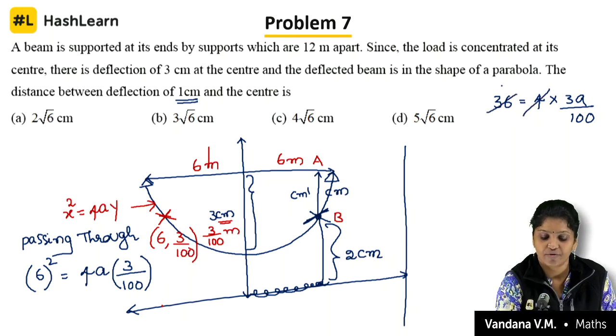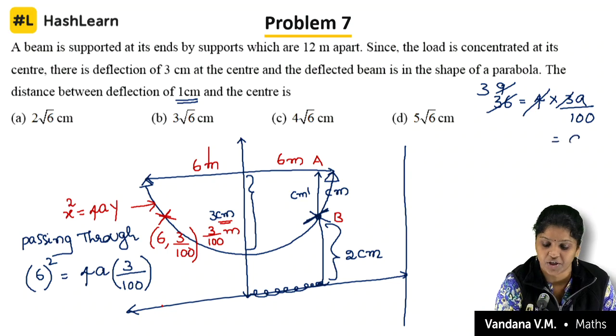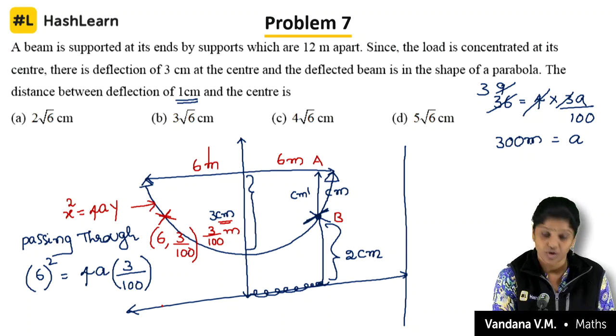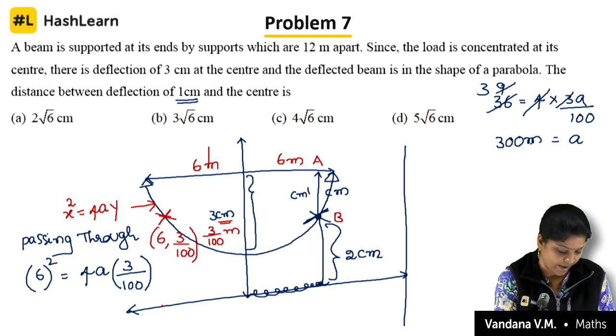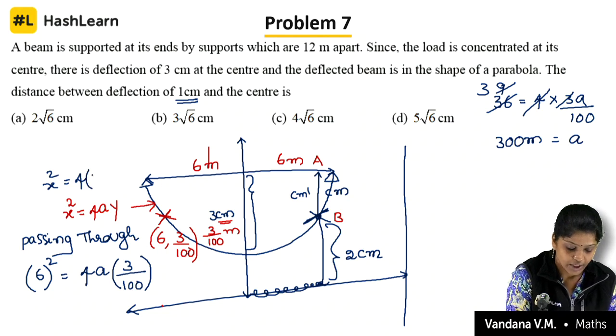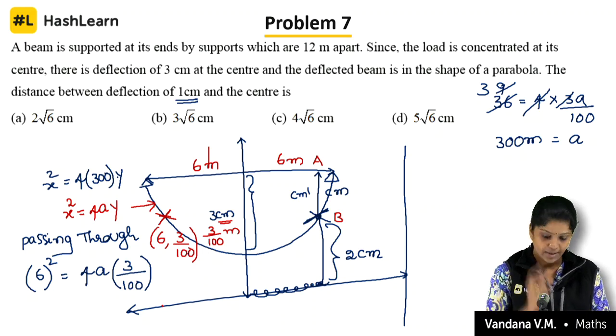Do the cross multiplication, and you will get the a value as 300 meters. Everything I converted into meters. So, now I clearly know the a value, so I can write the equation of the parabola. What is the equation of the parabola? x square is equal to 4 into 300 into y. Clear? Okay.